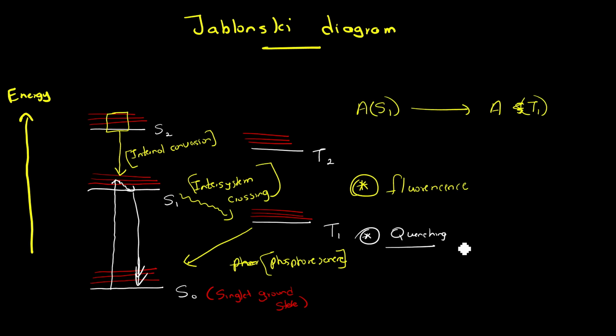The quencher absorbs the emission energy from the fluorescence, and this absorption can be partial or full. It can fully absorb the emitting energy, or partially absorb it. So this is the quenching.